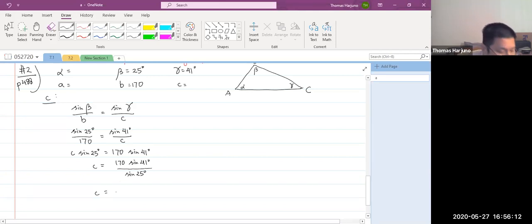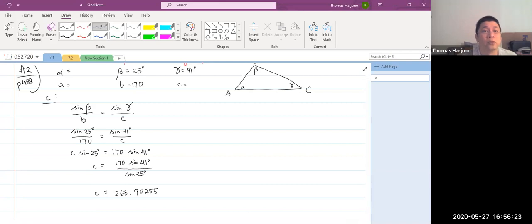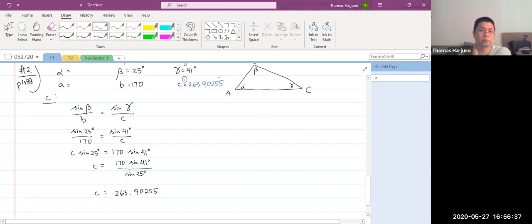I get my C is 263.90255. So my side C is 263.90255. Is it okay? Then from there, we will find angle alpha, which I think is easy to do, right?